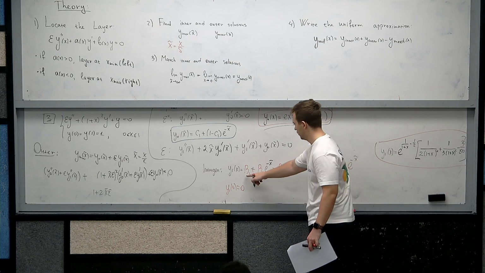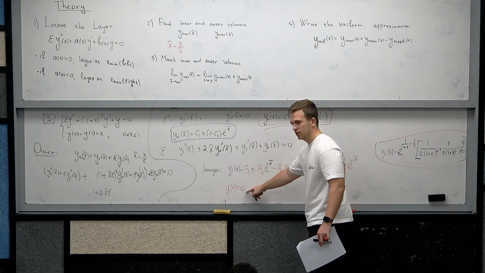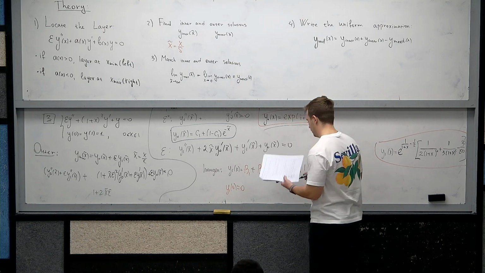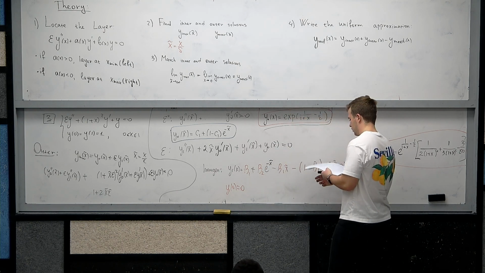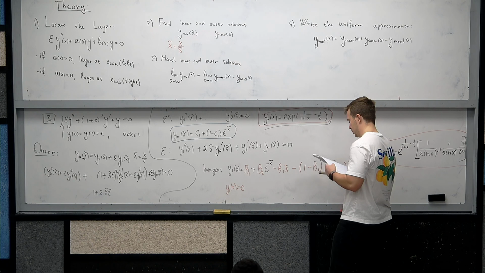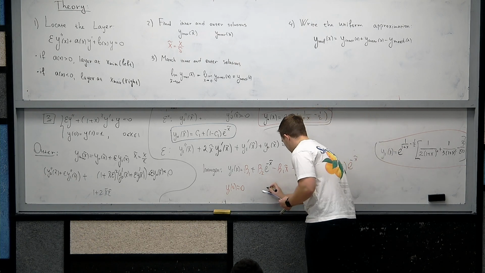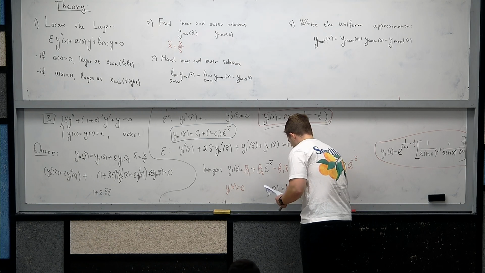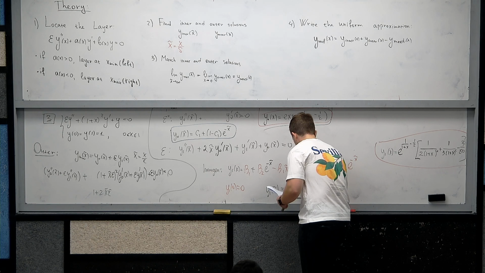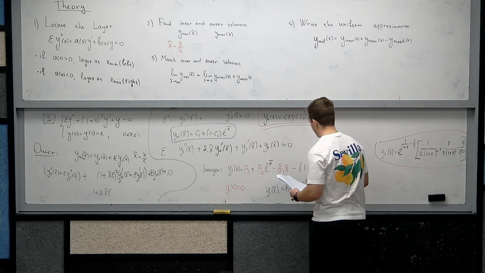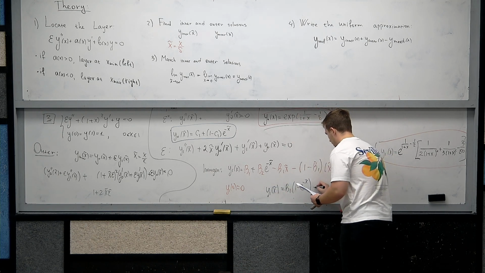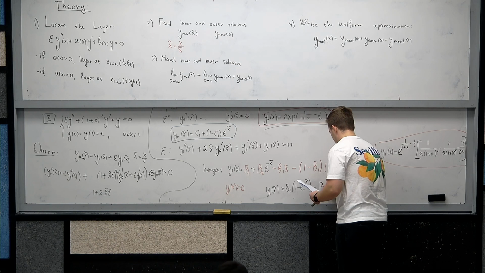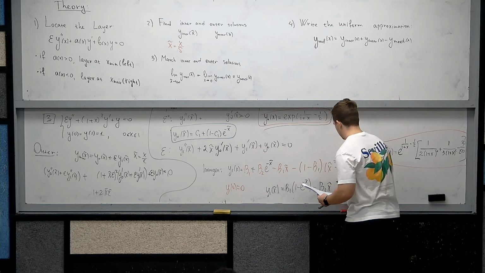And now I have B1 plus B2 is 0. So therefore, if we use the boundary condition, y1 finally of x tilde is b1 times 1 minus e to the minus x tilde. Okay. Then minus b1 x tilde, the rest is the same.